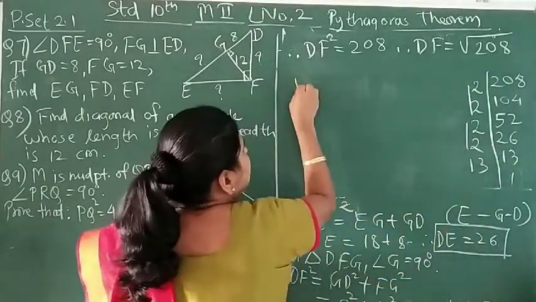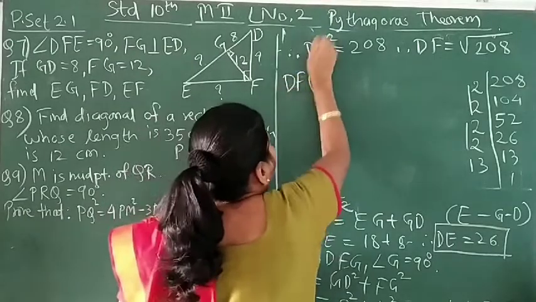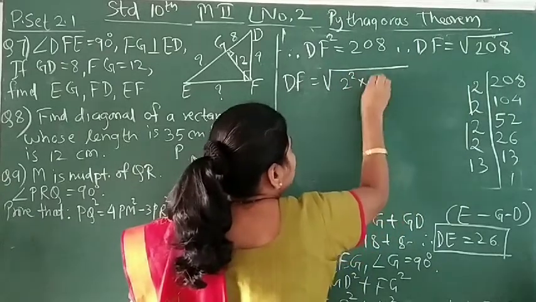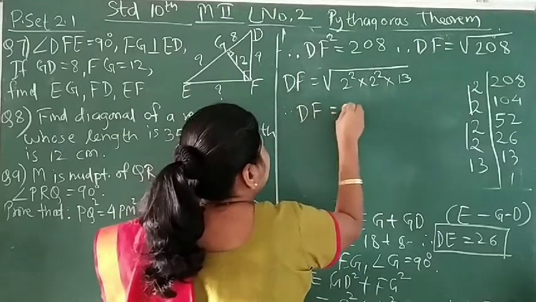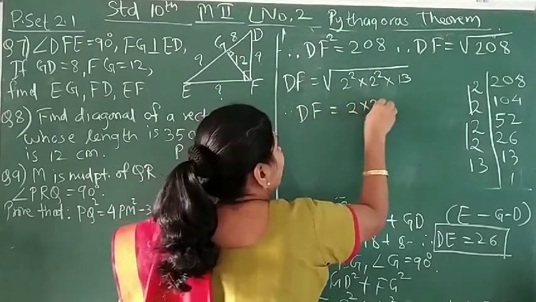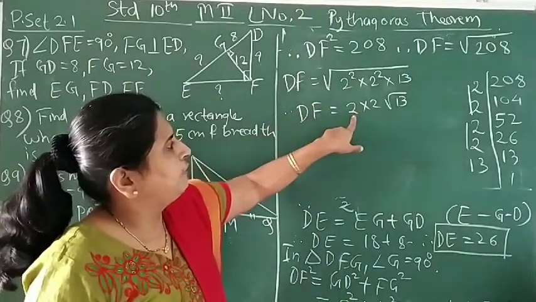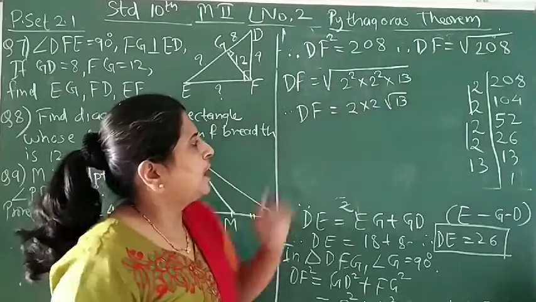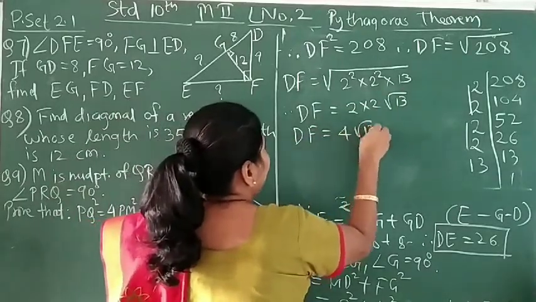So DF is equal to square root of 2 square into 2 square into 13, and therefore DF you can get as 2 into 2 root 13. It means the square root of 2 square will give you 2, the square root of 2 square again 2, and the square root of 13 as it is. So we get DF is equal to 4 root 13.